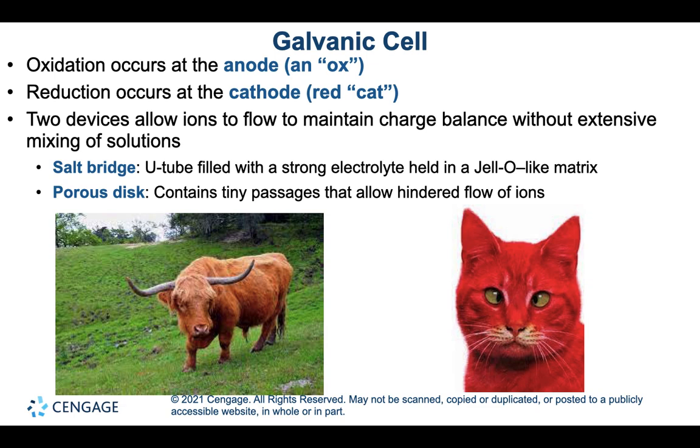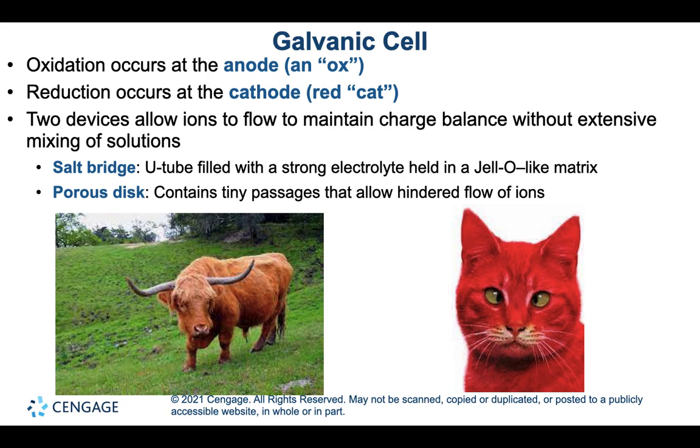So every time you think about which is which, anode or cathode, an ox, because ox starts with a vowel, you have to use an instead of a. You don't say a ox, you say an ox. So if I think of the picture of the ox, and then I think ox means oxidation, then an ox would mean anode is the oxidation side.